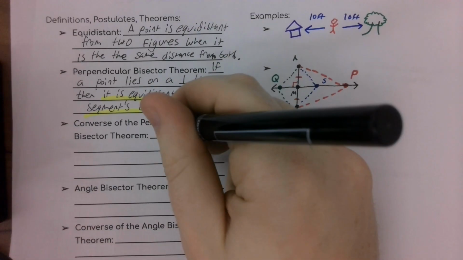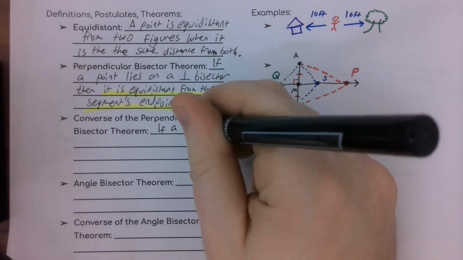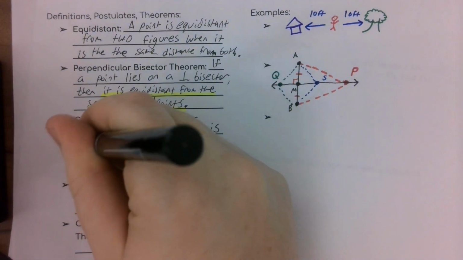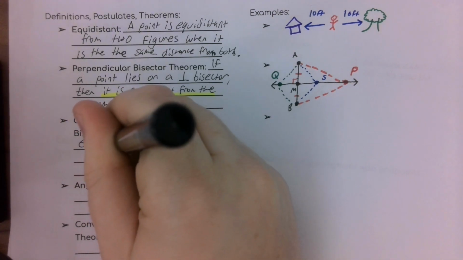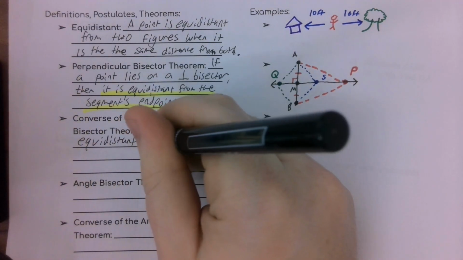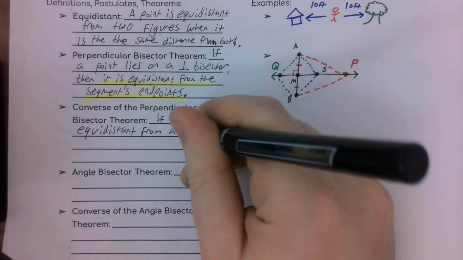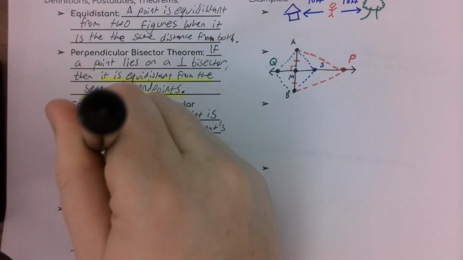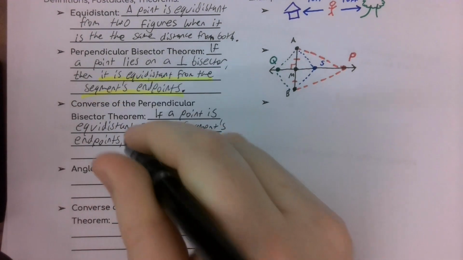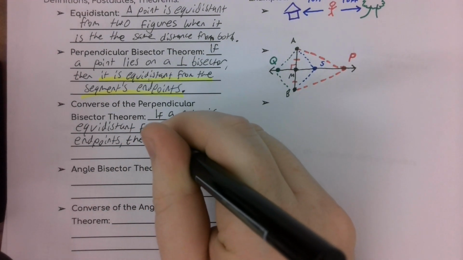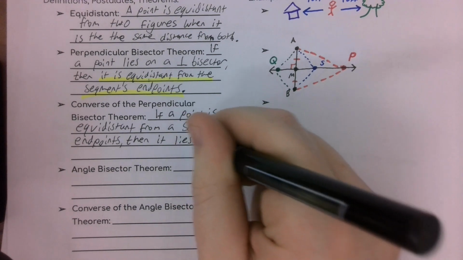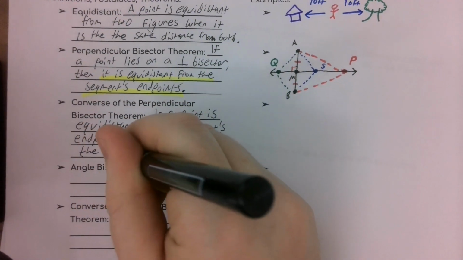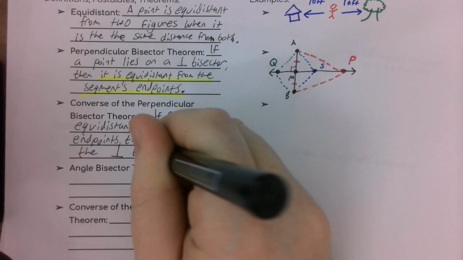So if we rewrite this, it would say, if a point is equidistant from a segment's endpoints, then it lies on the perpendicular bisector.